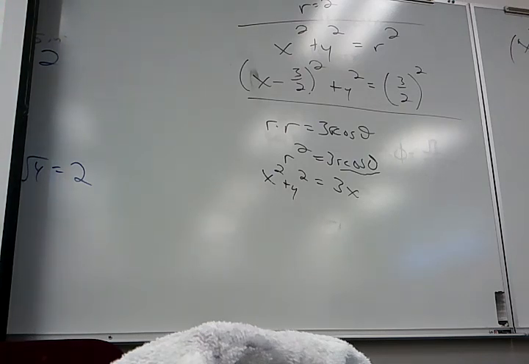Let's do this here: 2 plus 2 cosine theta. Is it like other graphs, where you can do the 2 last and do everything else first?